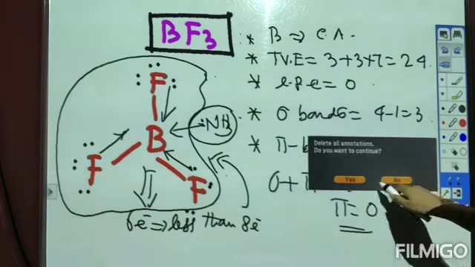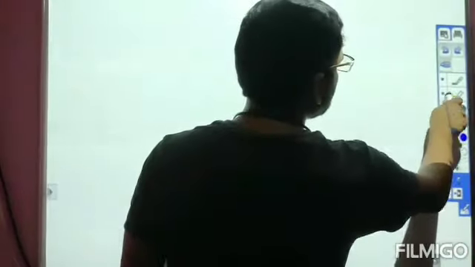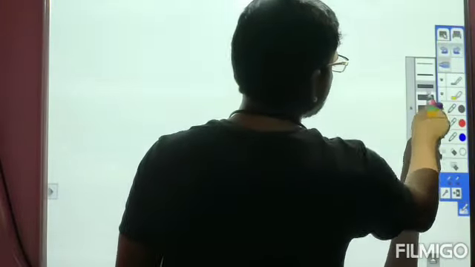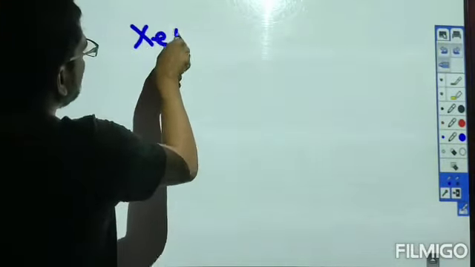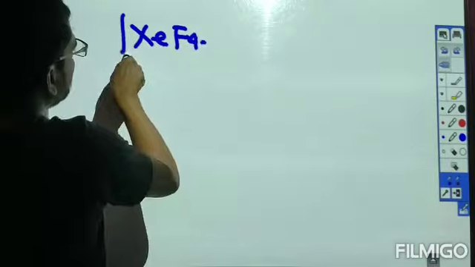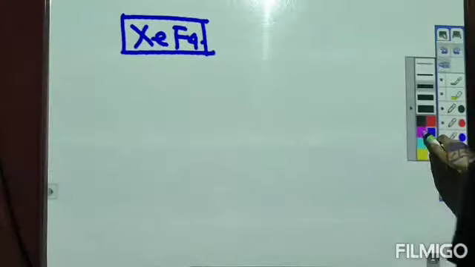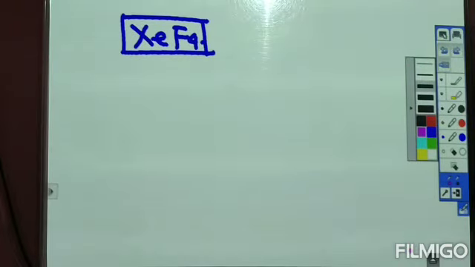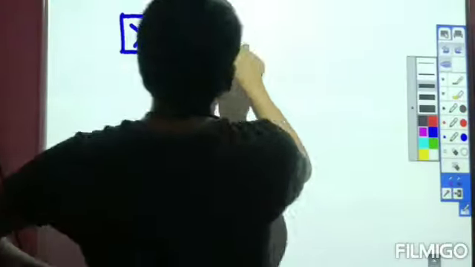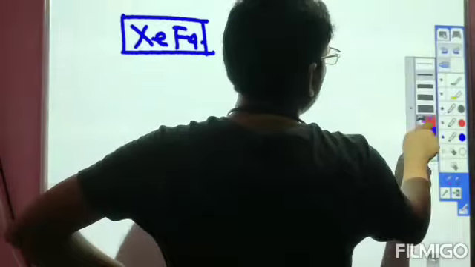Okay. Now let me draw the Lewis structure for one more interesting molecule, that is XeF4. What will be the Lewis structure of XeF4? We'll follow the same rule. Okay, count total valence electron.